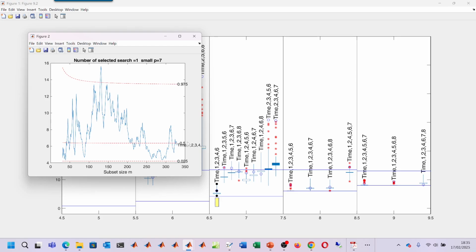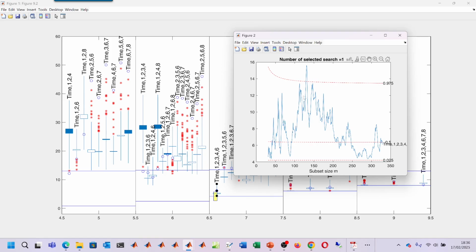Note that for this example, we have taken the so-called central part of the search to be from observations 264 to 313. So the central part of the search is defined as m going from 0.8 multiplied by n up to 0.95 multiplied by n.